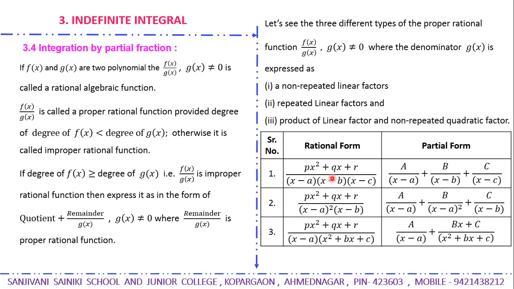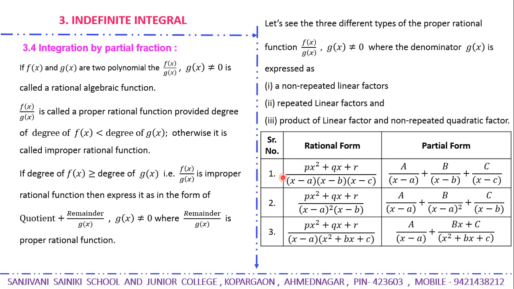The first case, the denominator contains linear non-repeated factors. In this case, how do we do the partial fraction? A constant upon a factor plus another constant upon another factor plus another constant upon another factor.